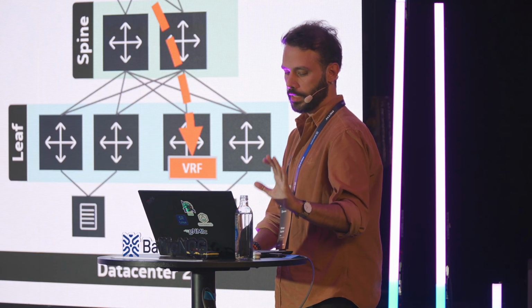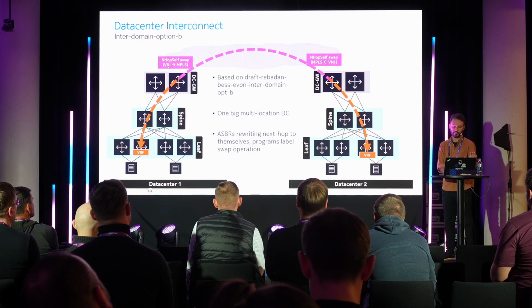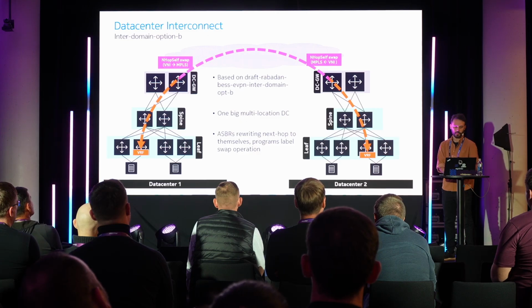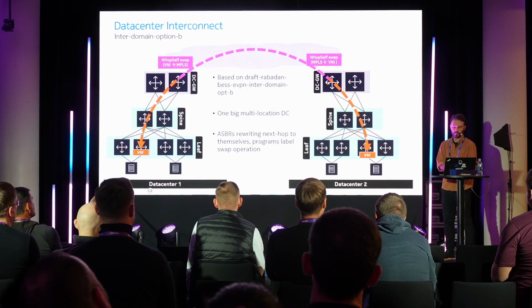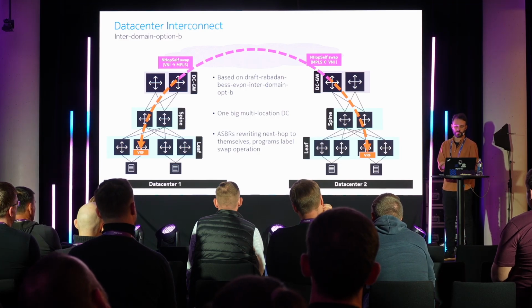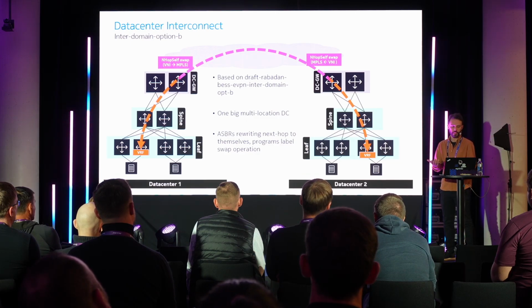in EVPN data center 1, here we see it encapsulates the traffic on a VNI 1, let's say. The ASBR swaps this label, VNI to MPLS or SRv6, propagates it to the WAN, and then on the other side of the WAN, the same thing happens, next hop self. So these DC gateways keep a record of which route is in which domain and which routes to announce with itself as next hop self.